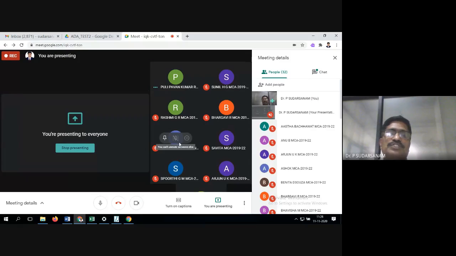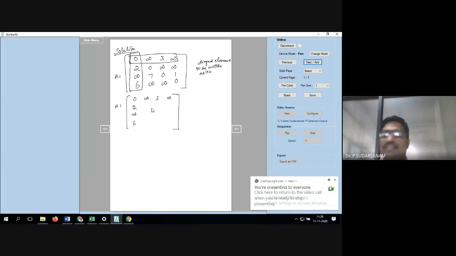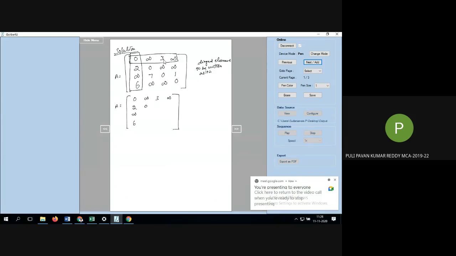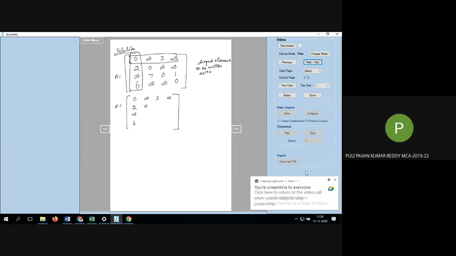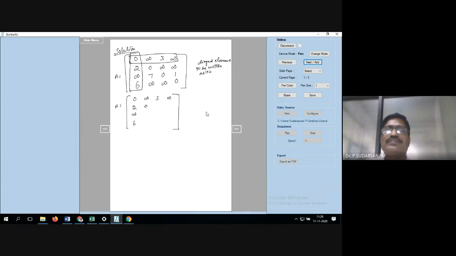Pavan, unmute yourself. Now this is called the diagonal element, we are writing as it is. Now infinity is there. Now see the previous value, you have to write the corresponding selected row and selected column. Can you see the window, sir?